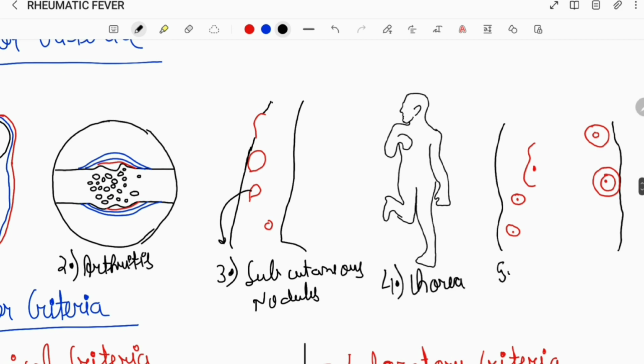And fifth, what we have is erythema marginatum, which are spots which occur in the body, as you can see in this diagram.